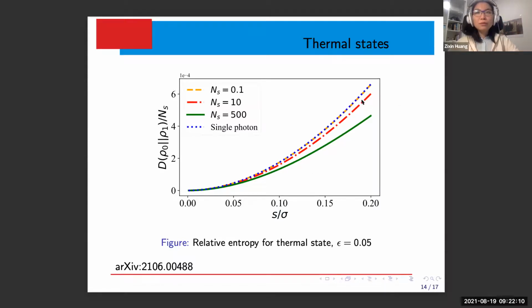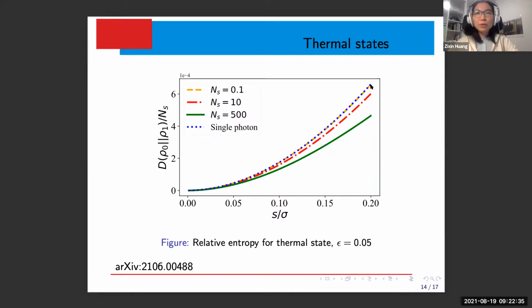So if you do the actual optimal measurement, this shows that the quantum relative entropy does not decrease that much, even when you go to ns equals 500, which is a ridiculous number for a thermal state. If you look at real astronomical sources, the mean photon number is typically very small.